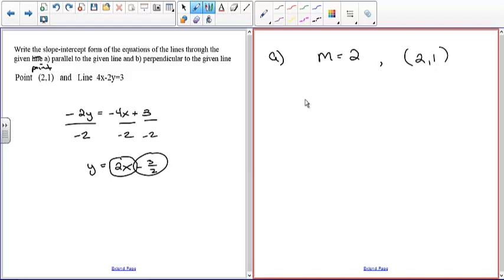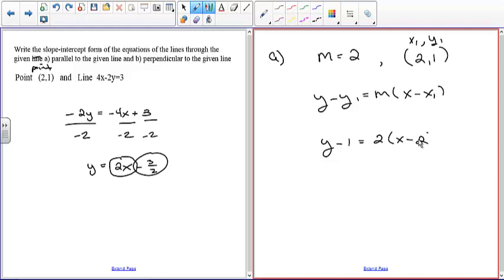So at that point, we can use the point-slope form of the linear equation to get an equation, and then we'll solve for y. Okay, x1, y1, slope: y minus y1, which is 1, equals slope, which is 2, times x minus x1, which is 2.